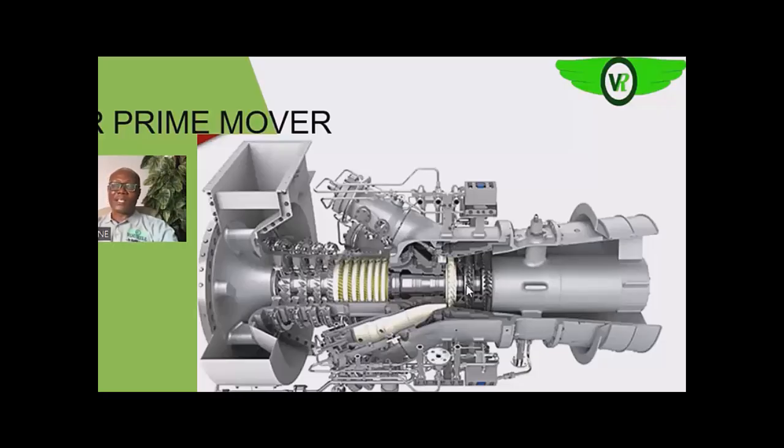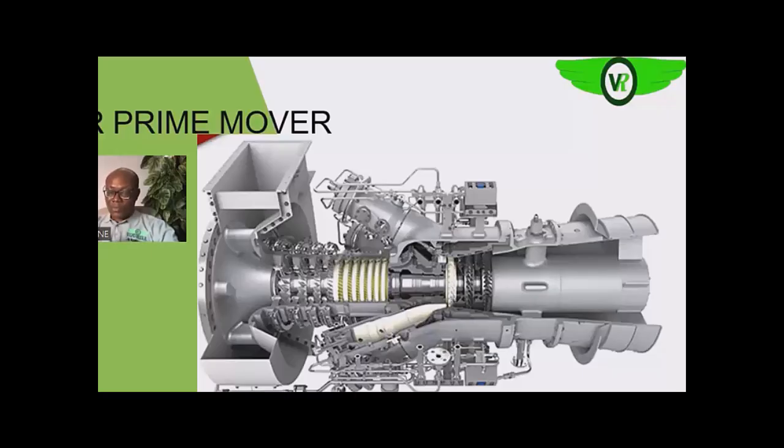The turbine blades extract that kinetic energy and convert it into rotating mechanical energy. The turbine shaft will continue to turn as long as the hot combustion product comes in. Once much of the energy has been extracted, the combustion product with less energy is exhausted through the exhaust of the turbine.